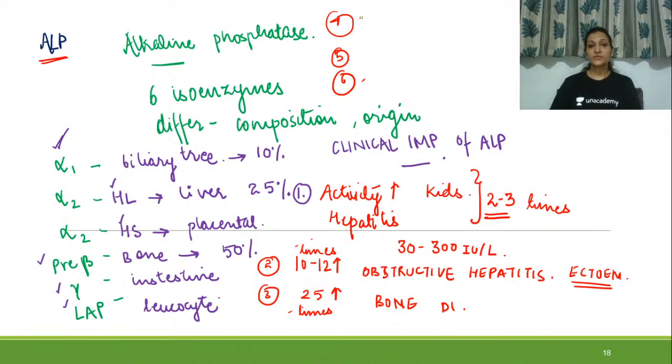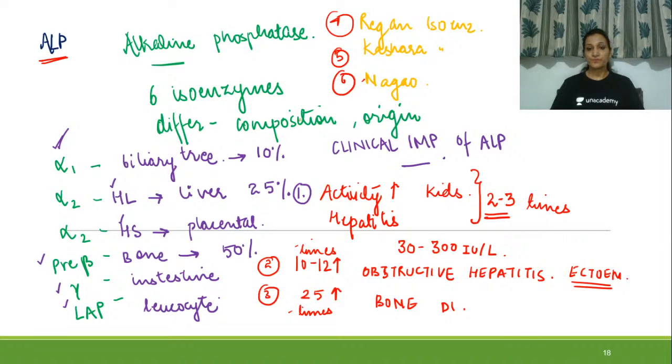So Regan isoenzyme, then Kashara isozymes, and lastly Nagao isoenzymes. They are the variant present in the germ cells.